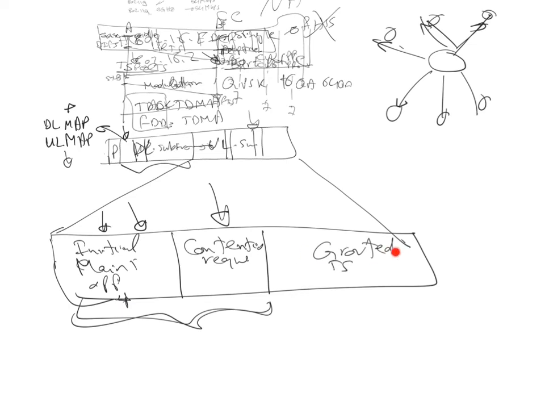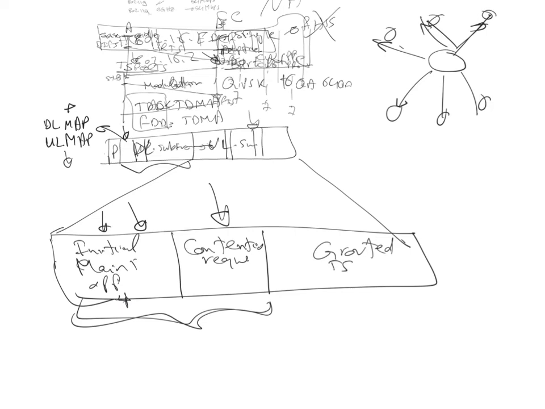But in that case, it will be collision free. So this granted time slots is purely collision free. This is different from what Wi-Fi actually uses a little bit. So here, this part is a little bit different from what Wi-Fi uses.